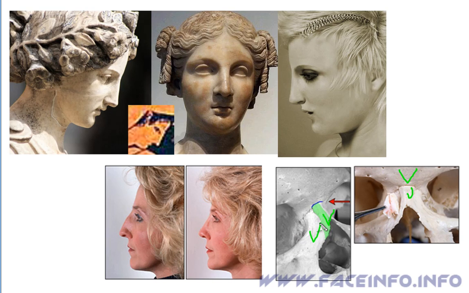This is the anterior nasal spine of maxilla, and this is the nasion. So the more prominent it is, nasion, the more the face resembles to the ancient Greek beauty ideal.